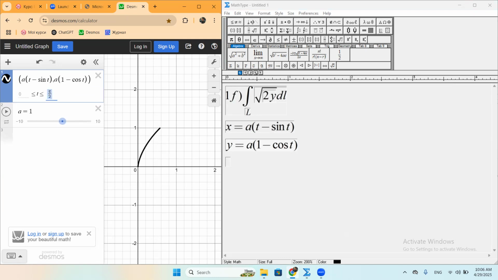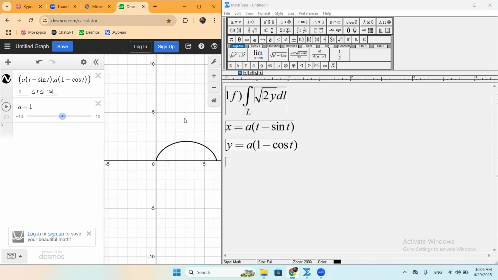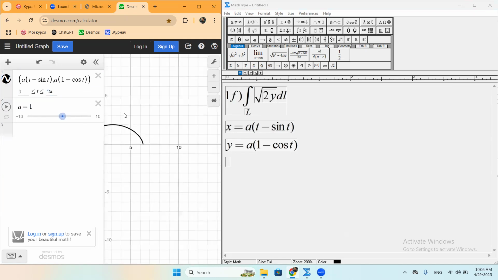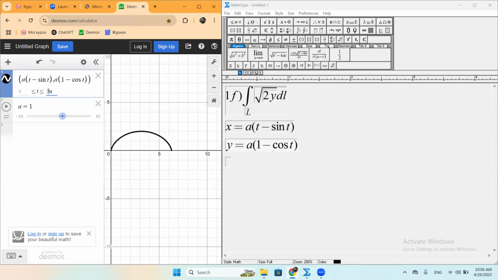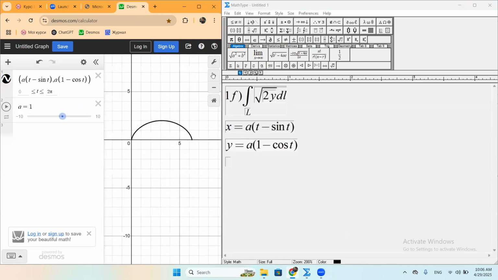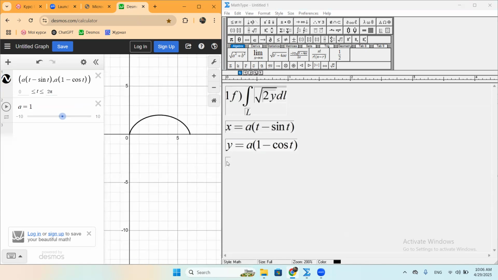And t changes from 0 to 2p. So it is the first arc of the cycloid. If I write down, for example, 4p, we will receive two arcs of cycloid, but one will be enough. According to condition, we need to integrate along the first arc of the cycloid.